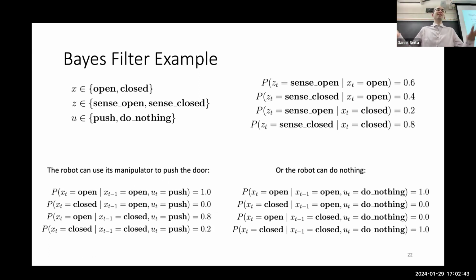If the robot does nothing, you would expect most things to stay unchanged. It's the same thing here. If the robot does nothing, the true state is going to stay the same. It should never go from open to closed or from closed to open.